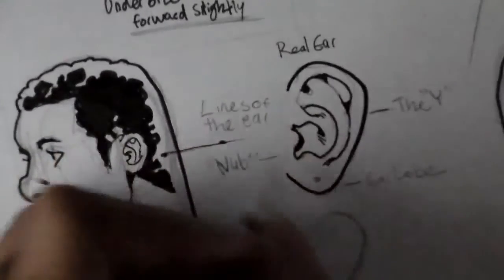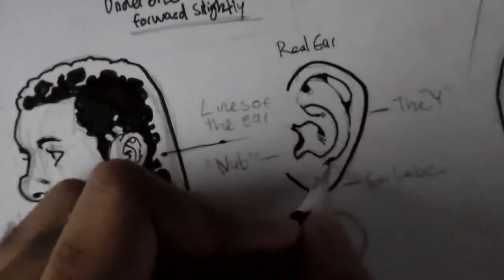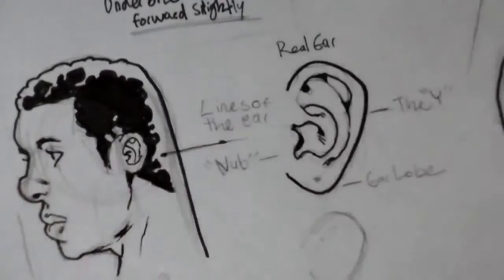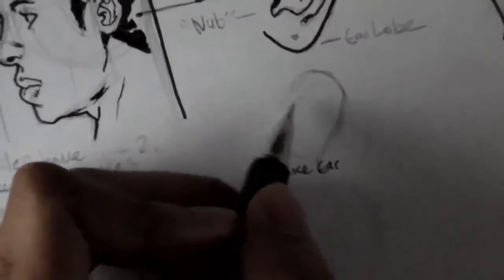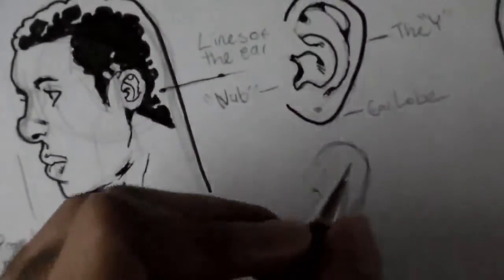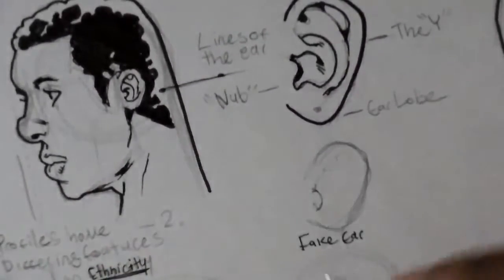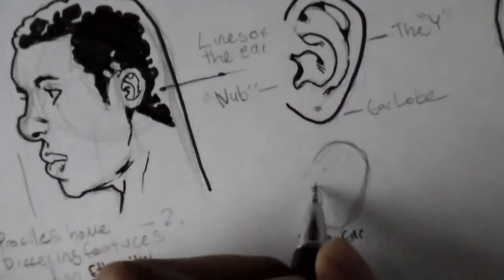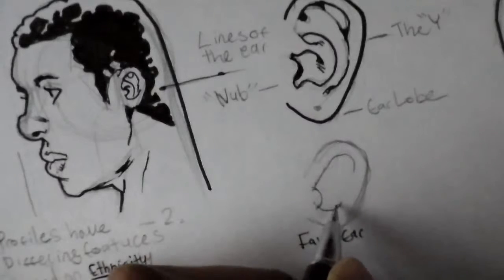You'd start with the outer shape, the nub, work your way into the Y, and then just fill the rest of the stuff out. And most people, when they draw ears, there are so many ways to do it. You can just fake it, as long as you know those key parts. You can start with the nub. Bring it up top, bring it back.